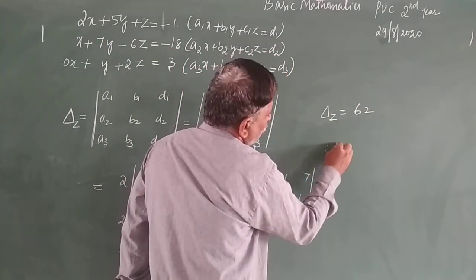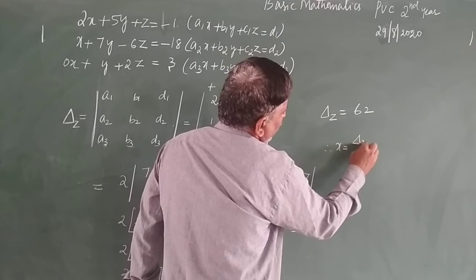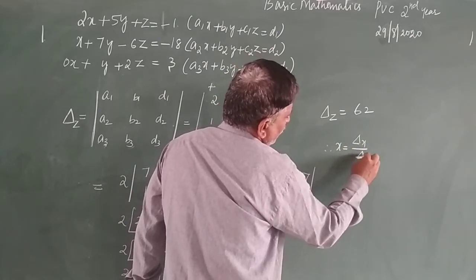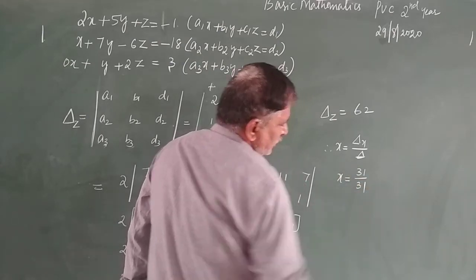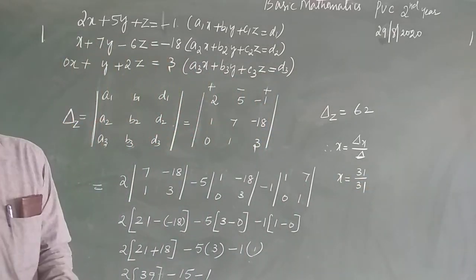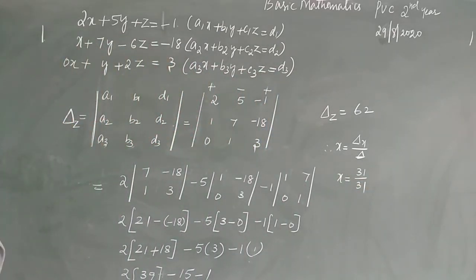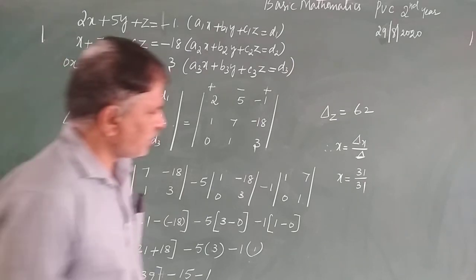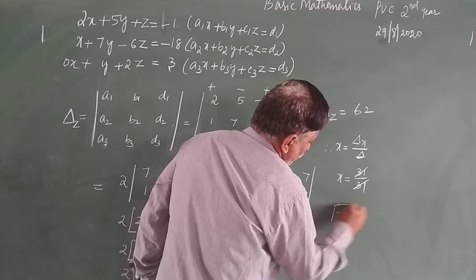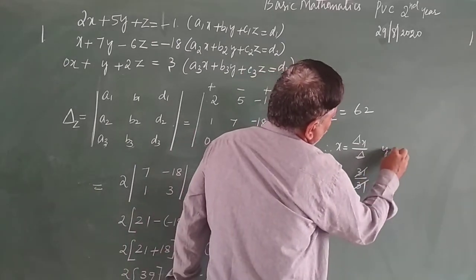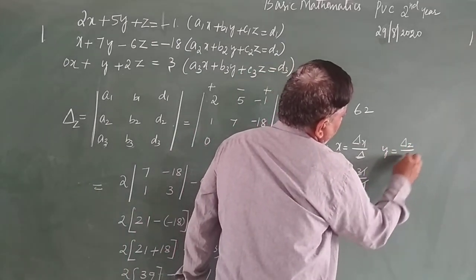So therefore, x is equal to delta x by delta. So x equals what? Delta x is 31 divided by 31. I hope delta x is 31. So 31 divided by 31. So I get x equal to 1. Y is equal to delta y by delta.